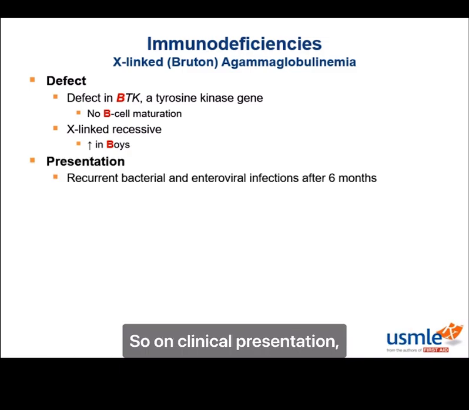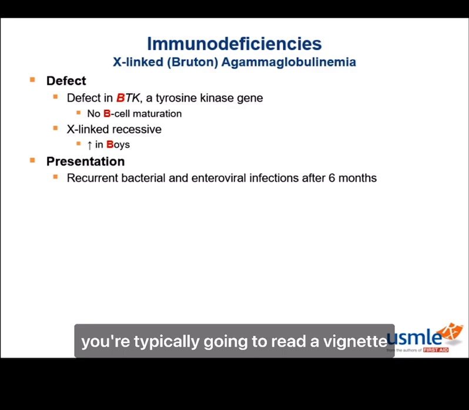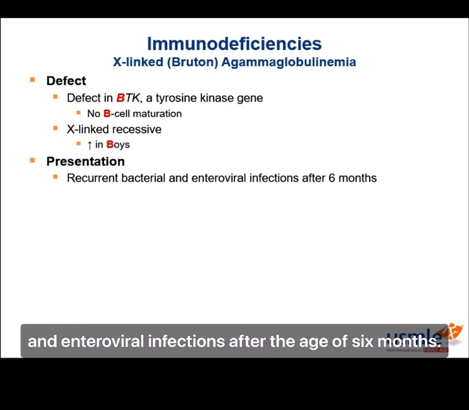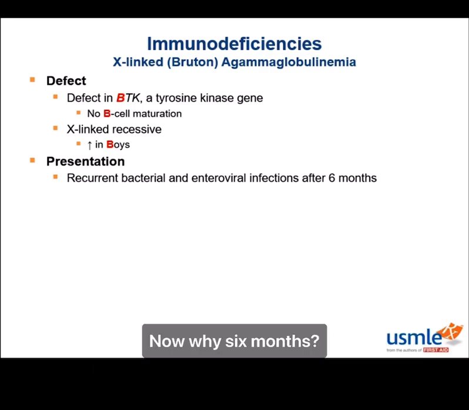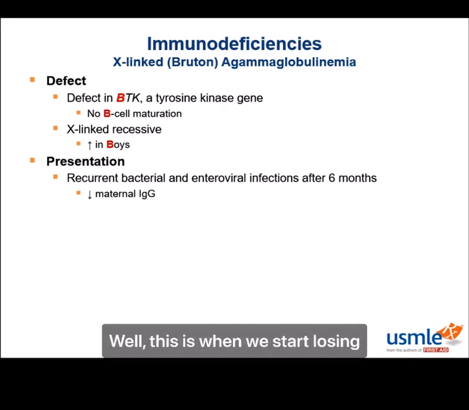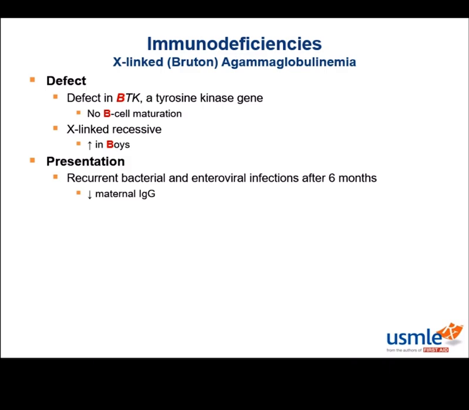So, on clinical presentation, you're typically going to read a vignette about a young boy with recurrent bacterial and enteroviral infections after the age of 6 months. Now, why 6 months? Well, this is when we start losing our maternal IgG protection. What are we going to find with labs or on further investigation?